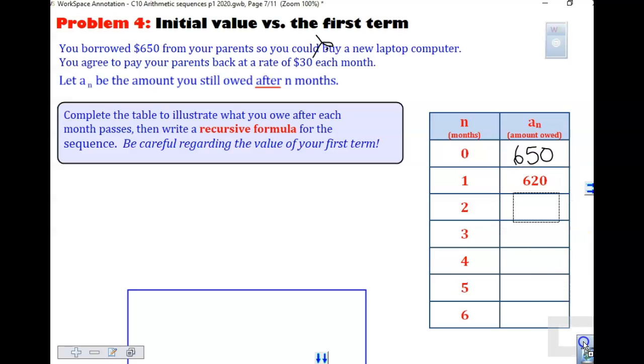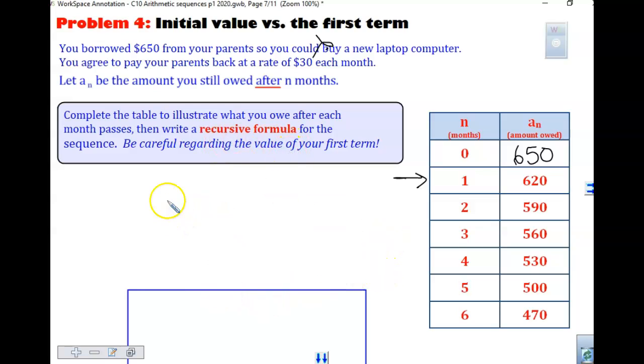So $650, $620. Each month we're taking away $30. The point we really care the most about is the first point. Our first point right here is at 620. It says, let a sub n be what you owed. Complete this table. We're going to do a recursive formula.